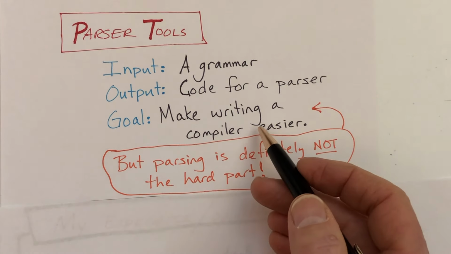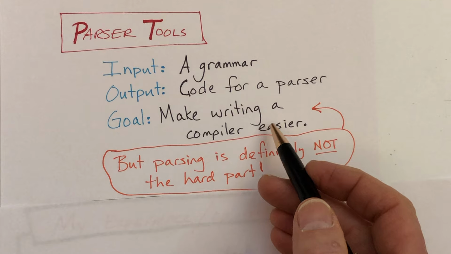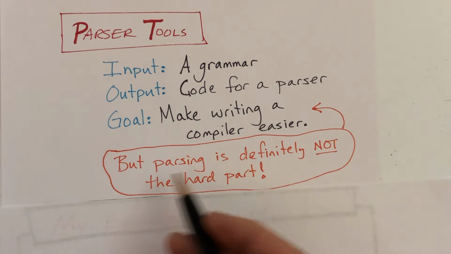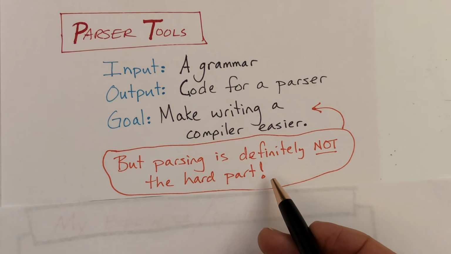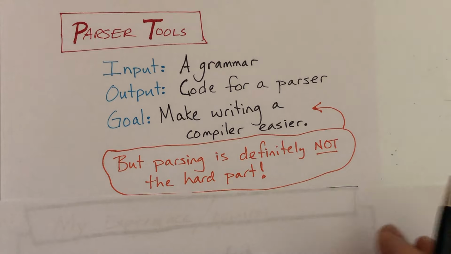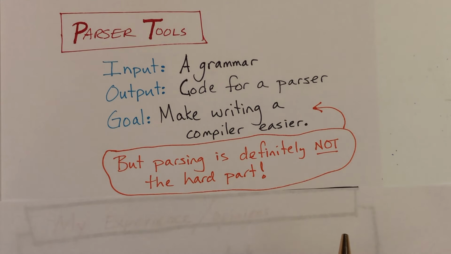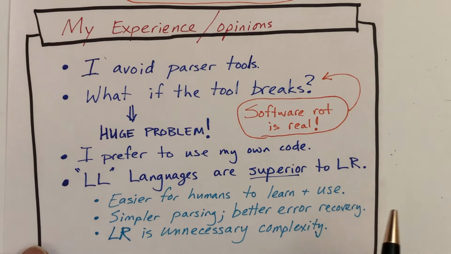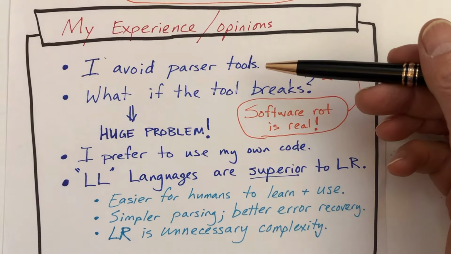And the idea is that these tools are supposed to make writing a compiler easier. I do want to say that parsing is definitely not the hard part of writing a compiler. Having written several compilers, I've learned that the parsing is really the easiest part. In fact, my opinion is that I prefer to avoid parser tools altogether.